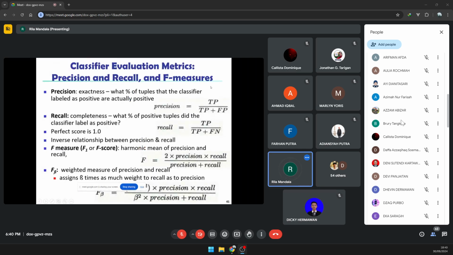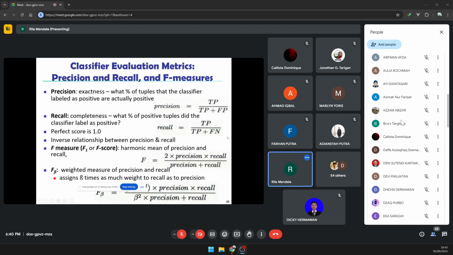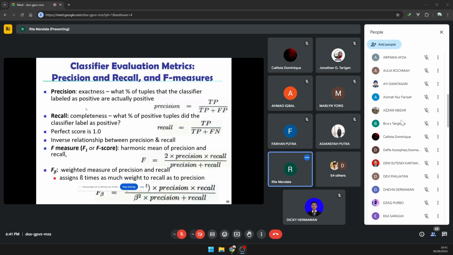Now, as I said earlier, precision is true positive divided by true positive plus false positive. And recall is true positive divided by true positive plus false negative.